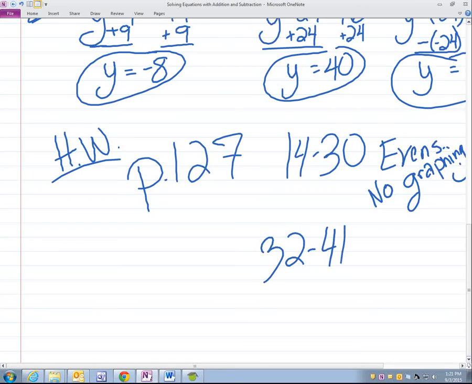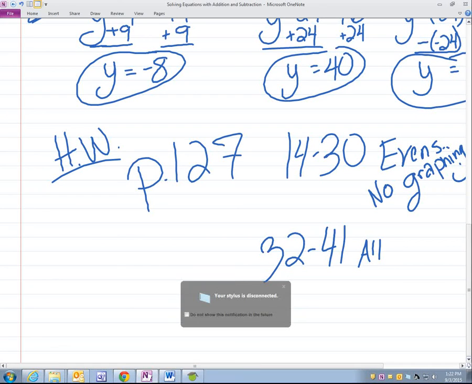Yeah, in your homework, they want you to graph it on a number line. Yeah, you guys don't need to do that. So it's 14 through 30 evens, and 32 through 41 all.